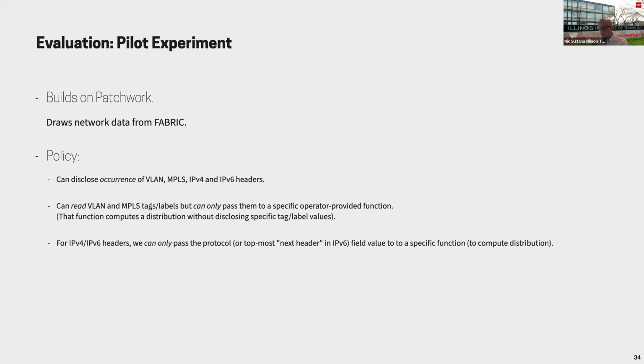So I'll give you an example of what this ends up looking like. And then for the IPv4 or IPv6 headers that I can disclose, I can read the next header field value or the protocol field at IPv4, and again pass it to an aggregation function.